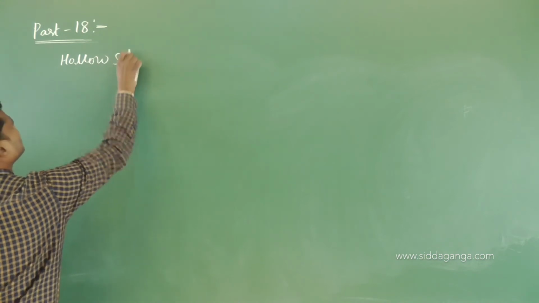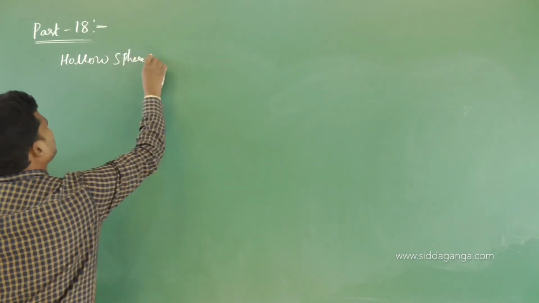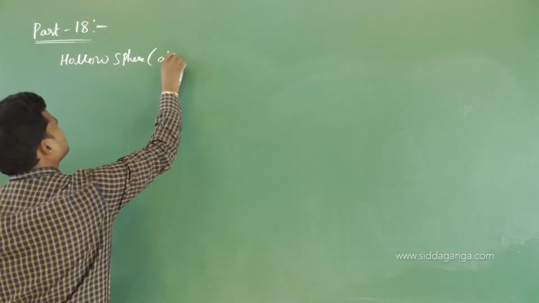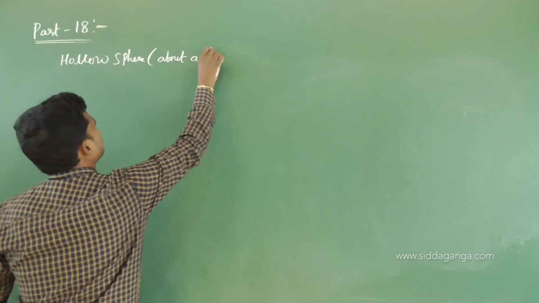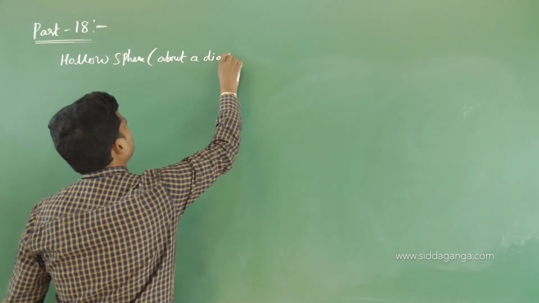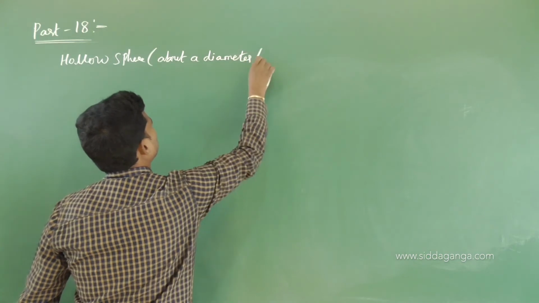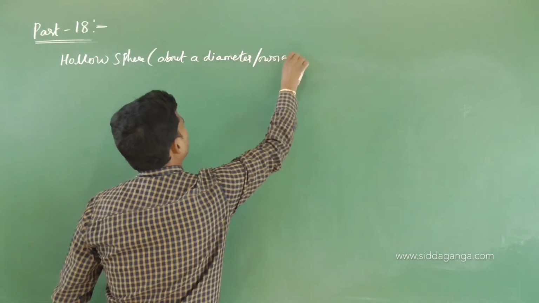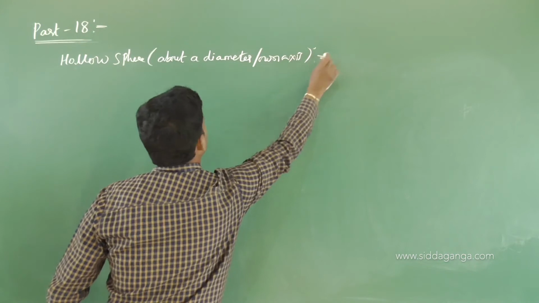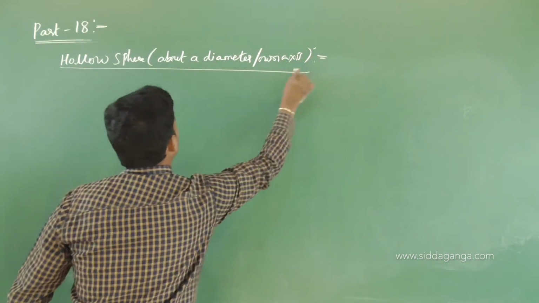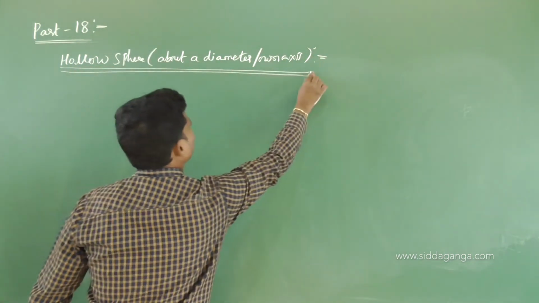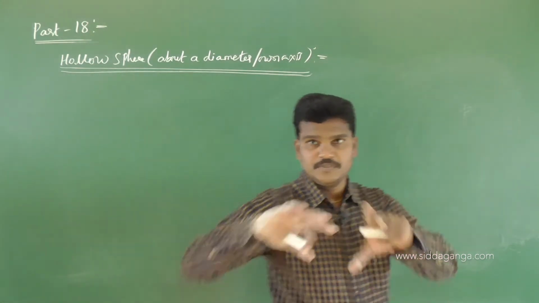Hollow sphere about diameter, otherwise its own axis, like a globe. Hollow sphere, empty sphere.